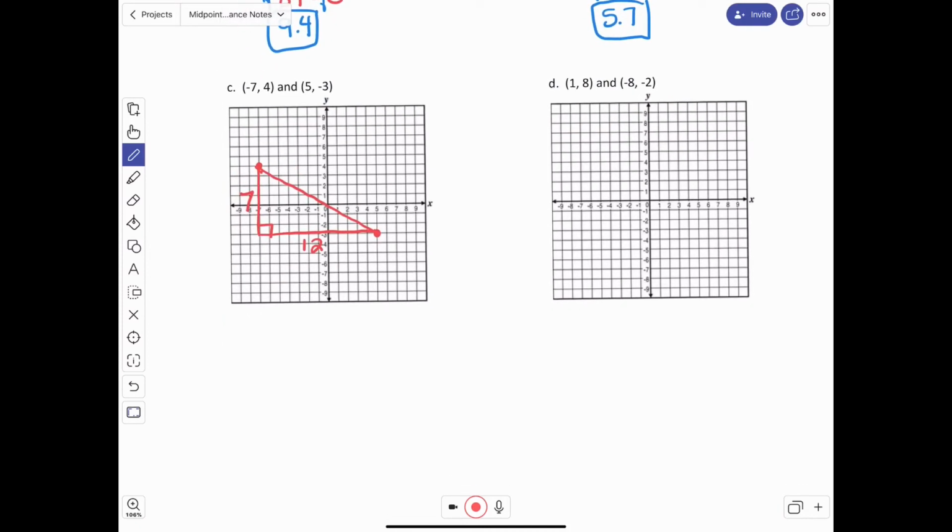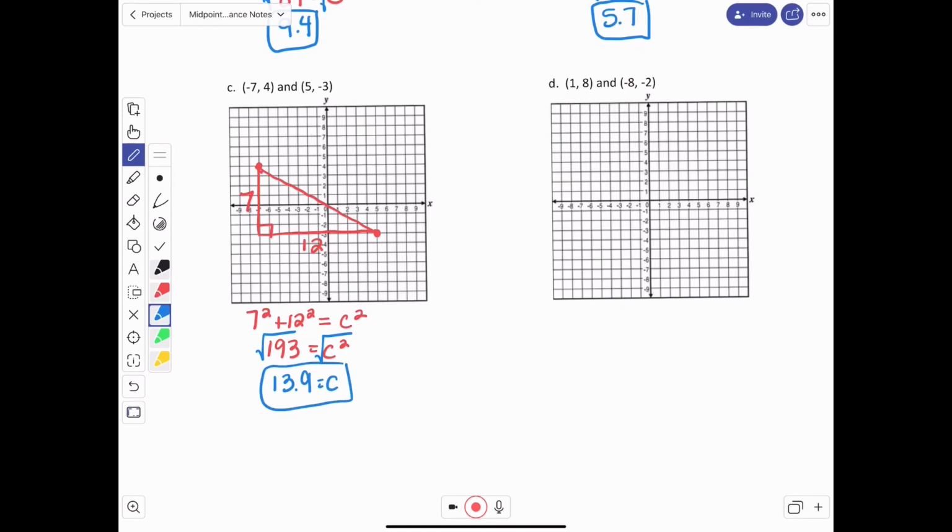So when we do Pythagorean theorem, we have 7 squared plus 12 squared. And when we do 7 squared plus 12 squared, we'll get 193. Of course, that's going to be equal to c squared. And when we take the square root of both sides, the square root of 193 is going to be 13.9.